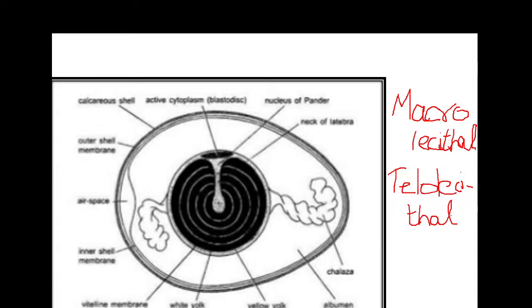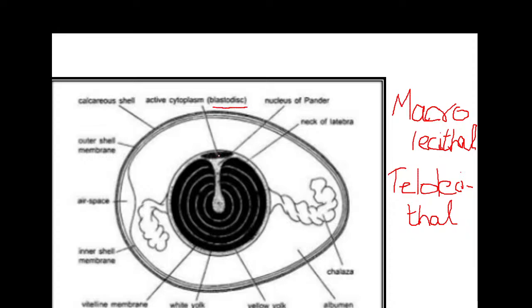So the egg of the hen is macrolecithal as well as highly telolecithal. Here you can see the yolk is deposited towards the vegetal pole and the nucleus is found exactly at the animal pole. Then at the animal pole region, or the animal hemisphere, a small amount of yolk-free cytoplasm is seen, and this region is known as the blastodisc.